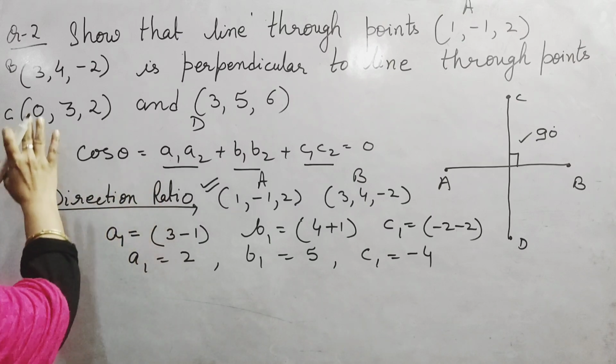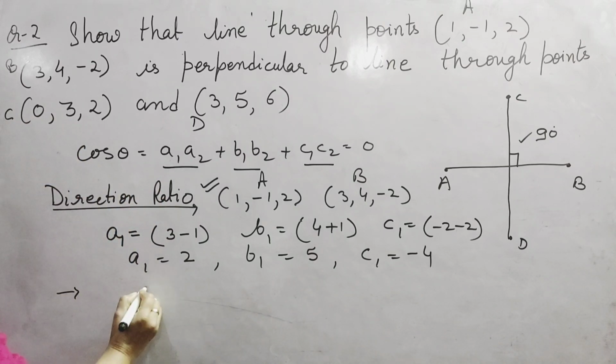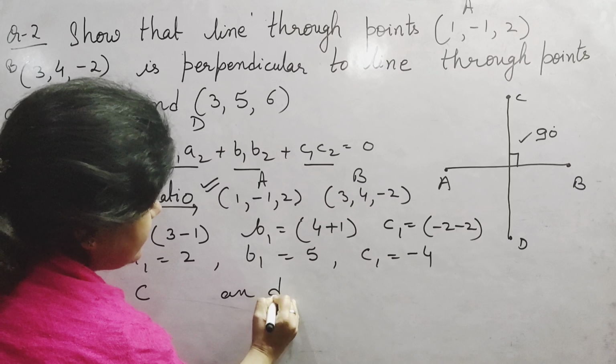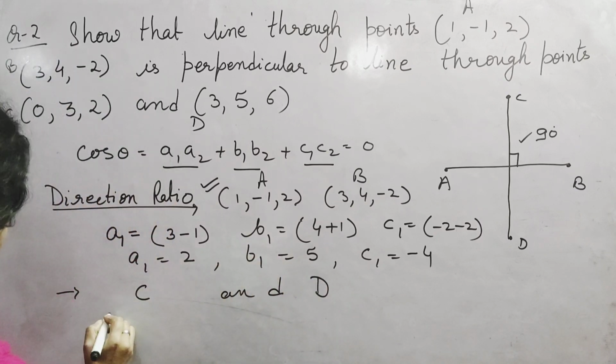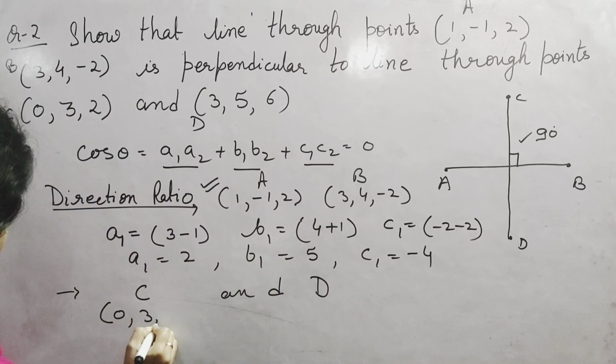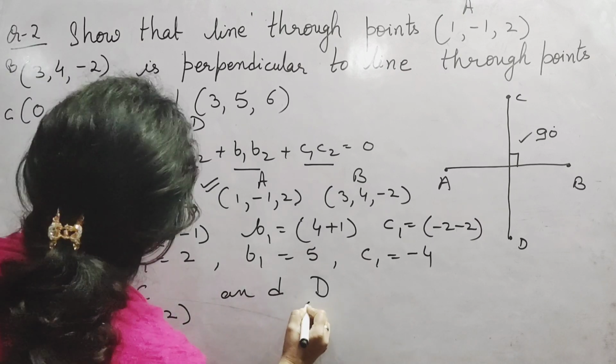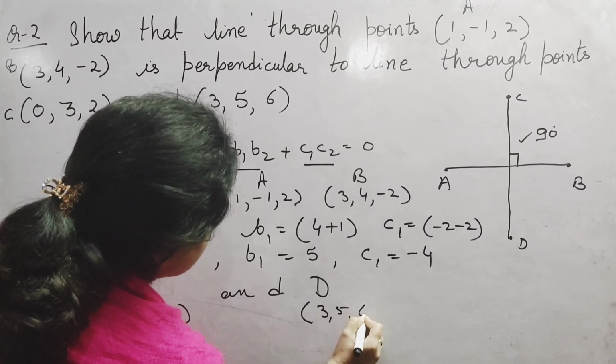Now I am going to find the direction ratio for the next 2 points C and D. Clear? Now the points for C are (0, 3, 2) and for D are (3, 5, 6).